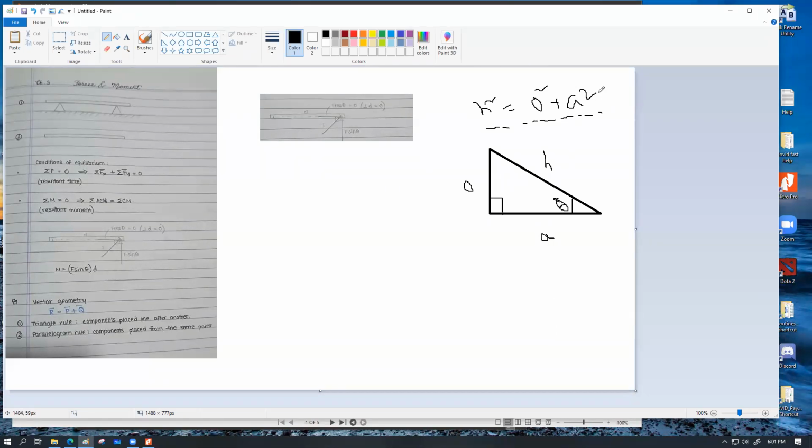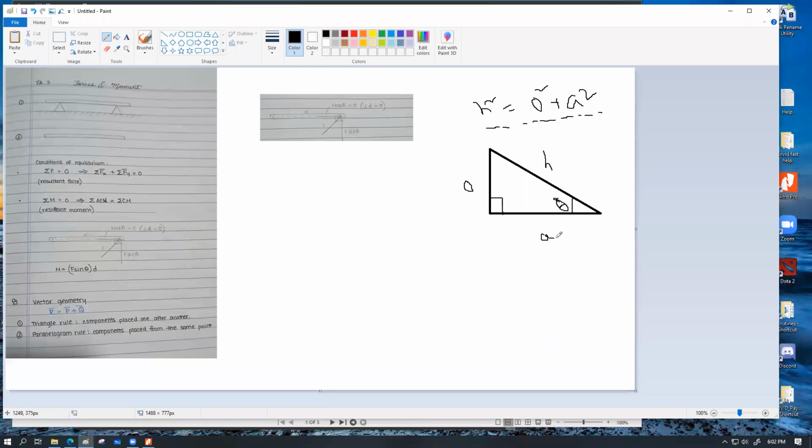If you take the root on both sides, you can numerically calculate the length of an edge if you have the other two known, and it can work vice versa as well. Here you can see three variables are involved in this equation. So logically speaking, if you have any two of them, you can calculate the third, no big deal.